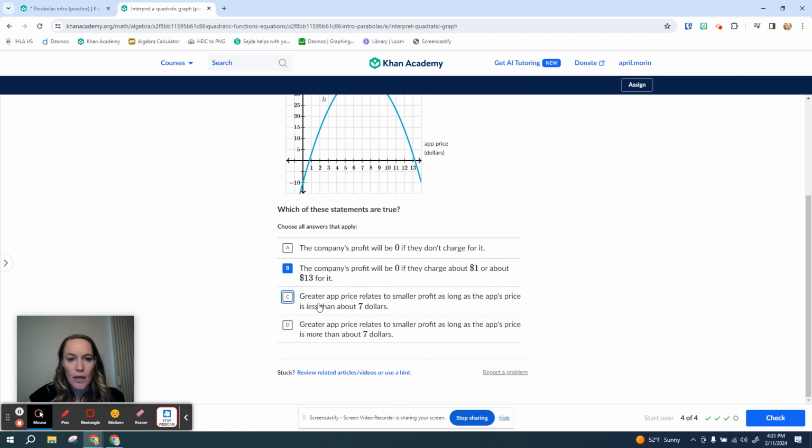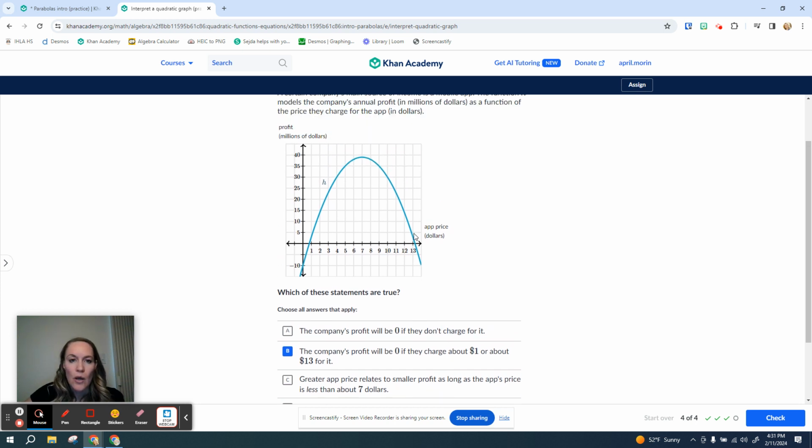Okay. Greater app price relates to smaller profit. Okay, so that's this side of the graph where we charge more for the app and we're actually going to get less profit for it because we're charging too much. There's not going to be that many people willing to pay that much for the kind of app that we are developing.